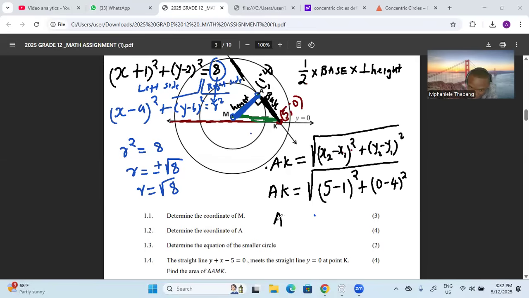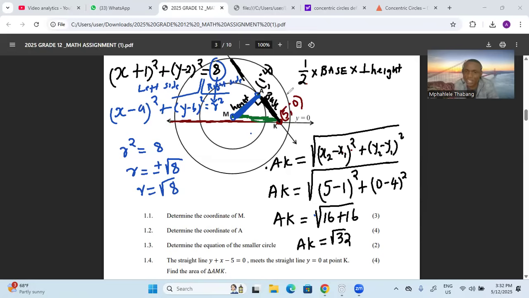So AK equals the square root of 16 plus 16, press your calculator guys, which is the square root of 32. So AK is the square root of 32.